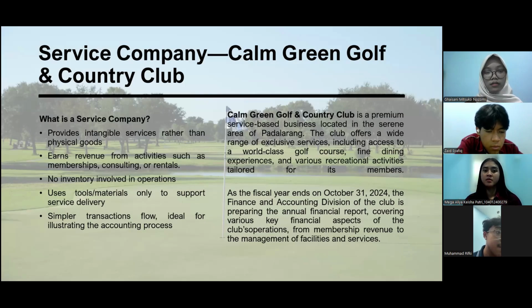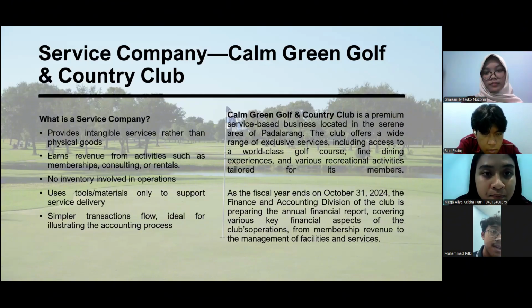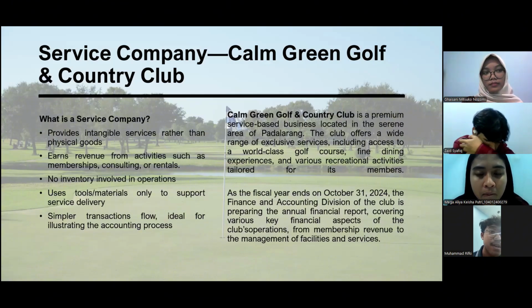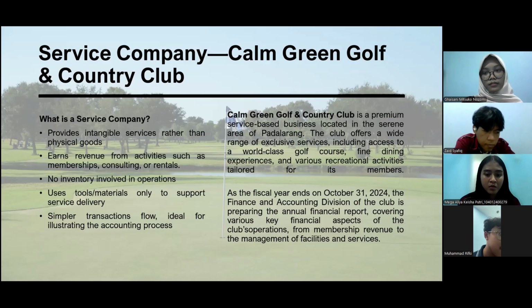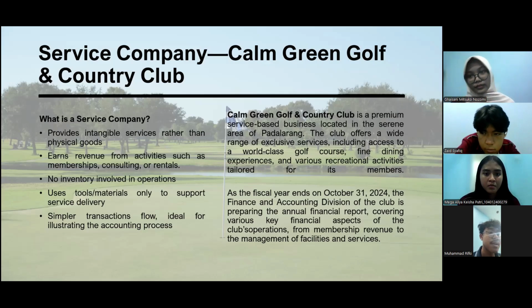About Green Golf and Country Club: it is a premium service business in Padalarang. It offers exclusive services such as access to the golf course and fine dining. At the end of each fiscal year, the club prepares its financial report, covering all key financial aspects.